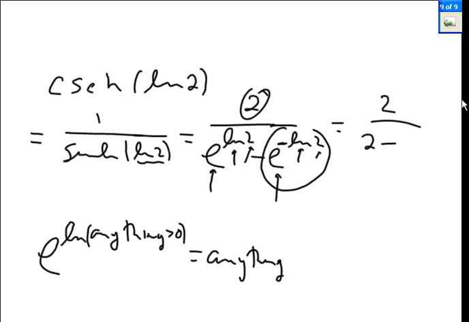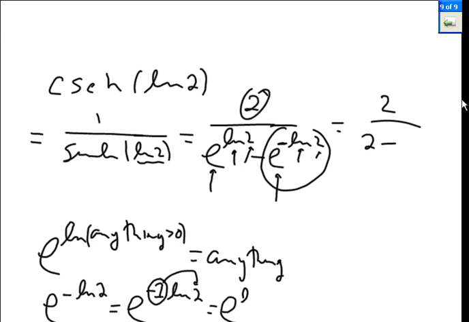We have e to the minus ln of something. We need to get rid of that minus. e to the minus ln of 2 is e to the negative 1 ln of 2. But numbers in front of ln's can go up as powers. So you have e to the ln of 2 to the negative 1. Now we have e to the ln of something. It equals that something, which happens to be a half.